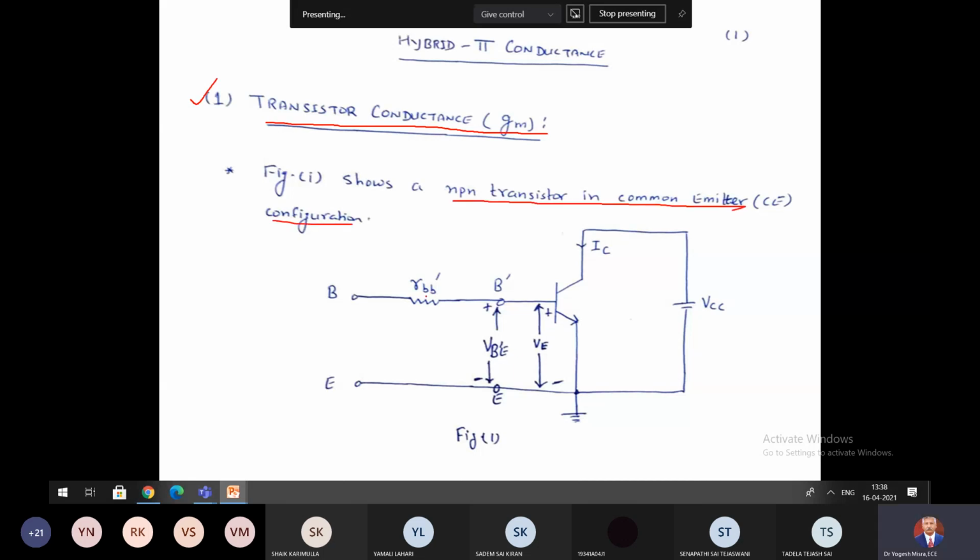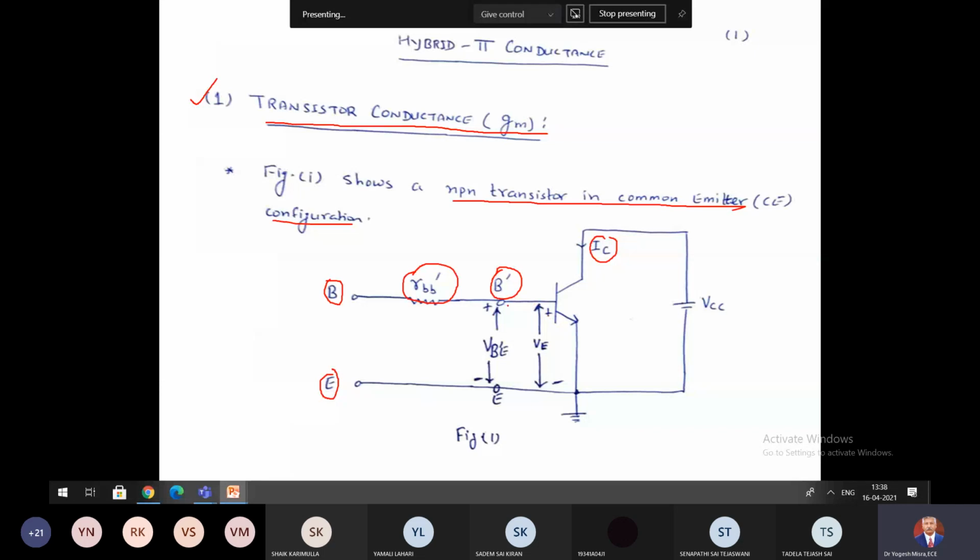You can see here, this is I. And here we are showing this B dash, which is virtual terminal, and the resistance between base and B dash is RBB dash. This is base spreading resistance.